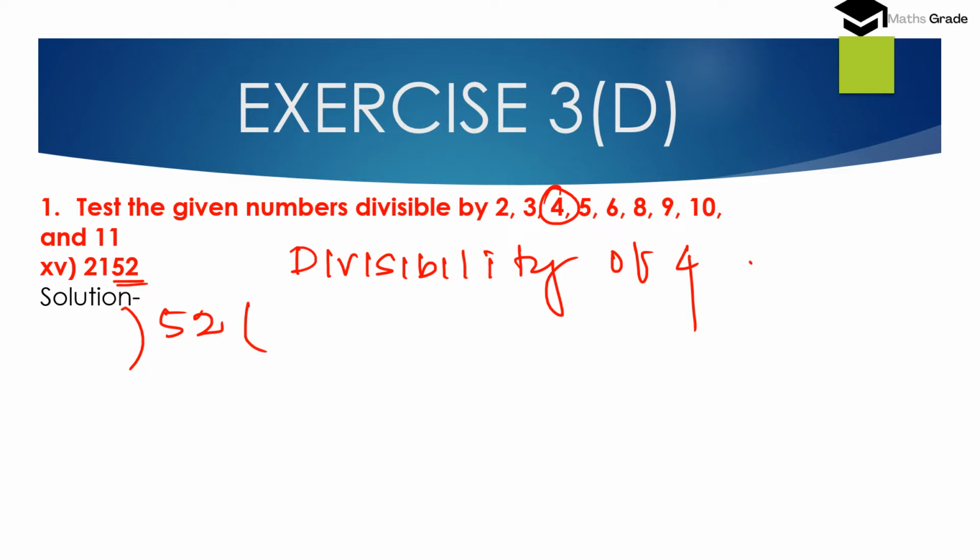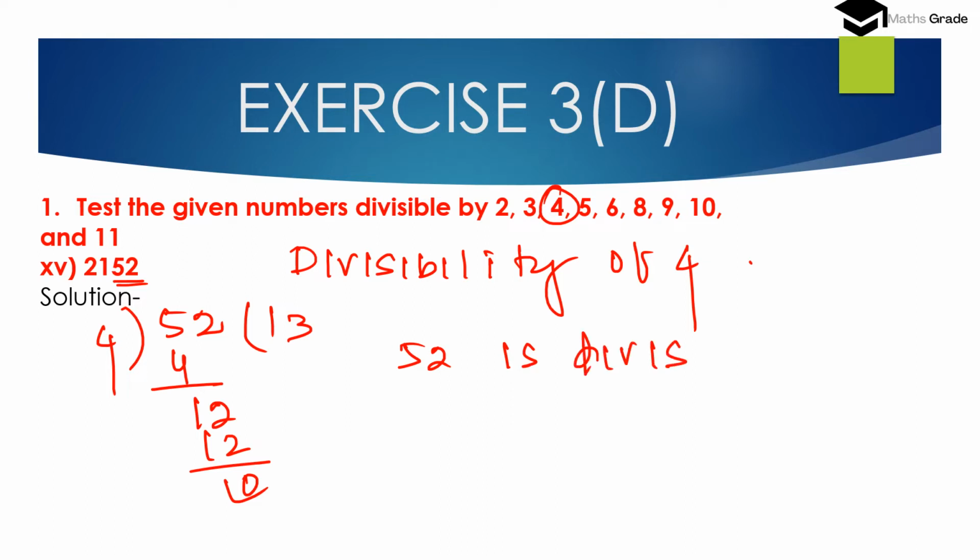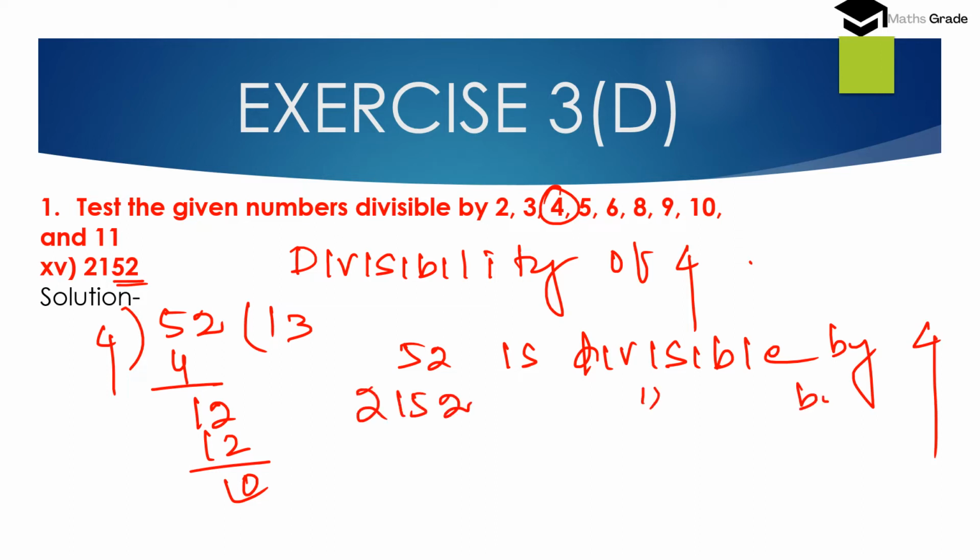We have to divide 52 by 4: 4 1s are 4, 1, 12, 4 3s are 12 and the remainder is 0. So it is divisible by 4. 52 is divisible by 4. So this number 2152 is divisible by 4.